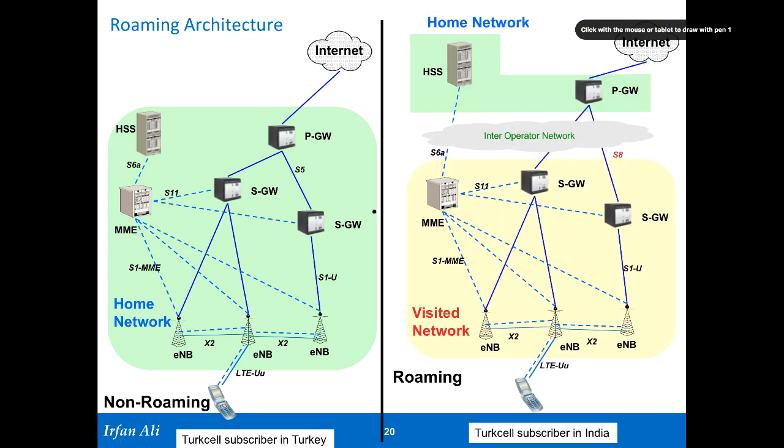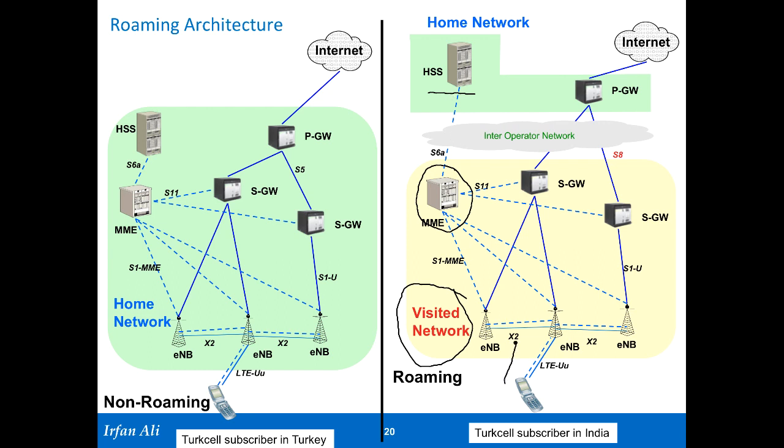Now you're out visiting India, for example. You are in the visited network, as it's called, so that's out in India. Your HSS, your subscription information, is still in Turkey. It never moves out of here. So the MME, which is out in India, will have to locate your home domain from your identity.